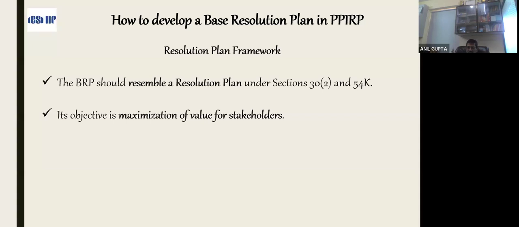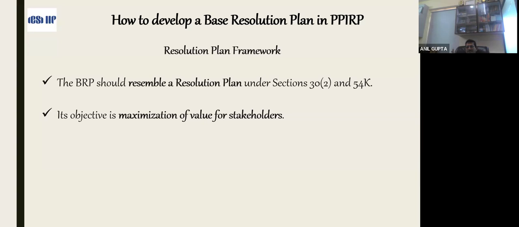If you get that TEV report in soft copy, and whatever the structure, at the end I will discuss the structure, according to that structure the TEV report can be converted into the base resolution plan. And you ask the consultant also to prepare it like this. Then automatically this is a TEV-come-base resolution plan.